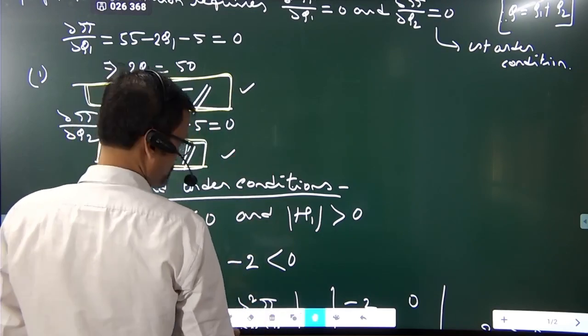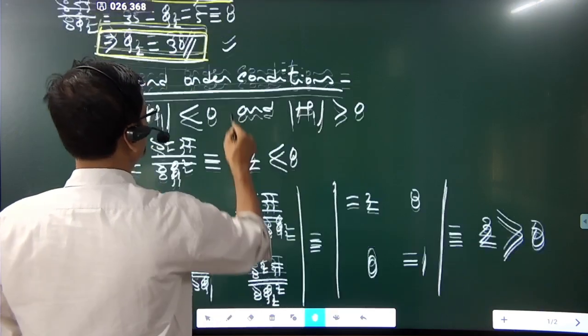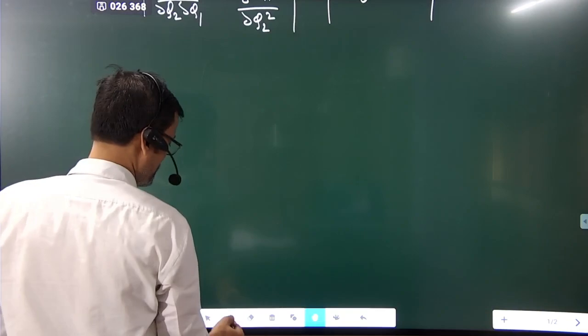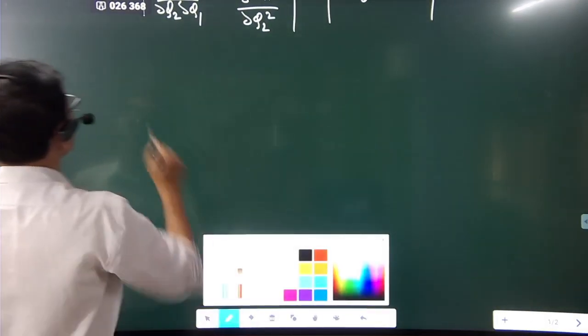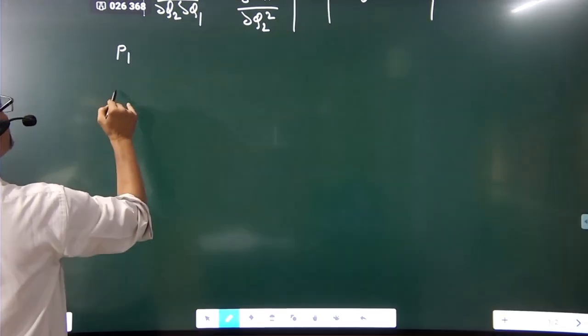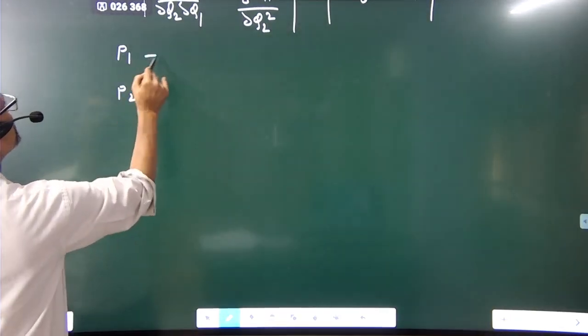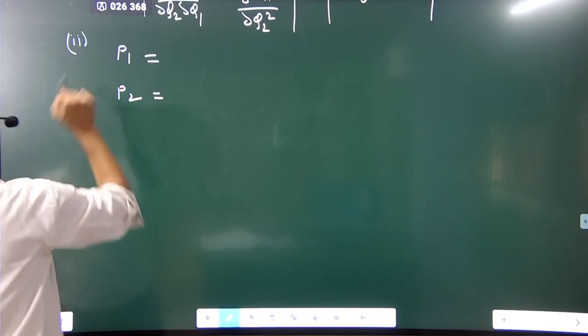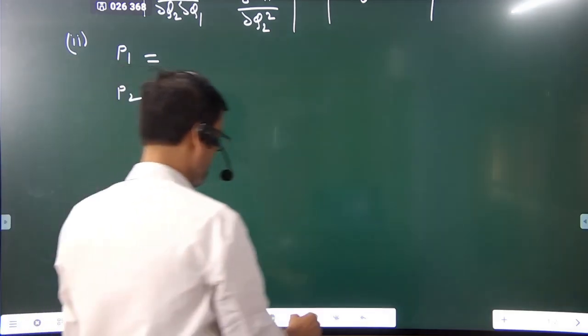Now we need to find out the prices P1 and P2. This is the answer to question 2.